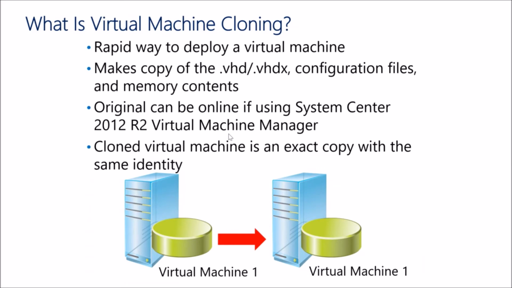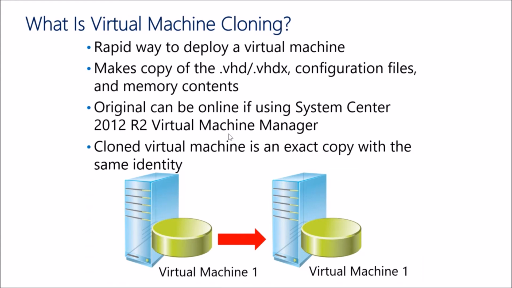And depending on what we've done to the original virtual machine, this could be a complicated virtual machine which has hours and hours of work done to it as far as installing products, installing updates, making configuration changes, creating data.